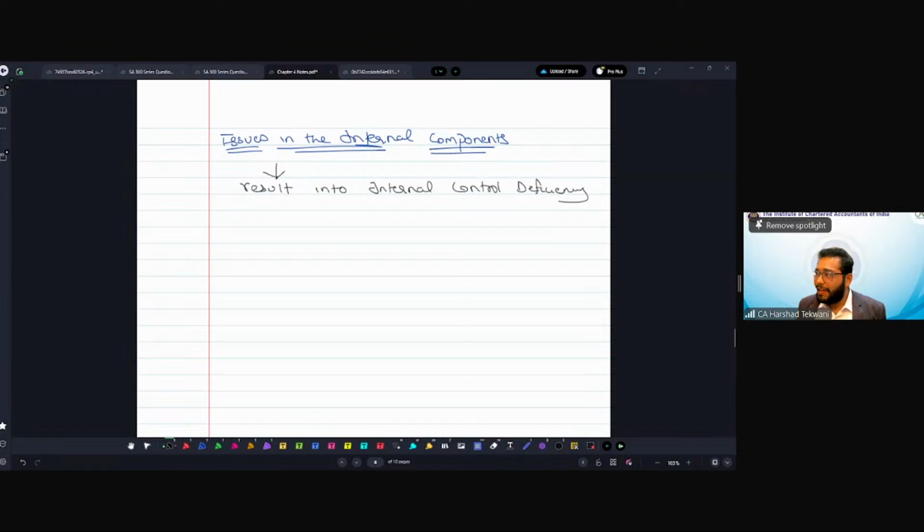Can anyone tell me the difference between both? What is the difference between material weakness and internal control deficiency?